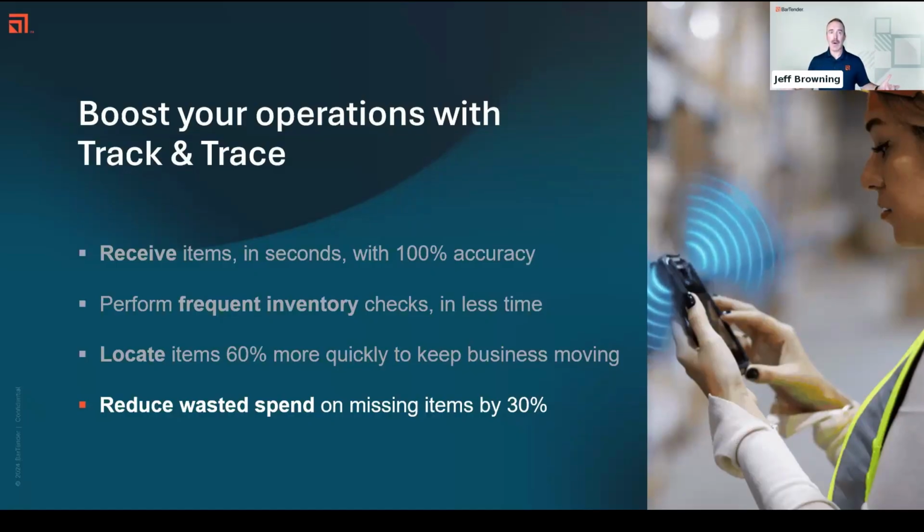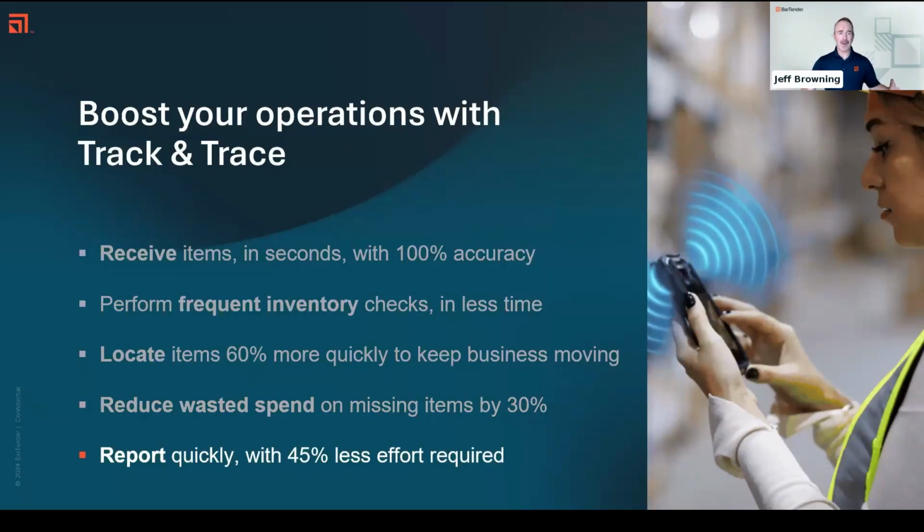We've heard of stories now where customers, if the parts or items that they're tracking are expensive tools or pieces of equipment that they use to continue service for their customers, literally avoiding losing one of those things and avoiding that wasted spend has more than paid for the cost of a solution like track and trace for them. So it's a significant advantage just to help manage reducing costs and capital expenditures.